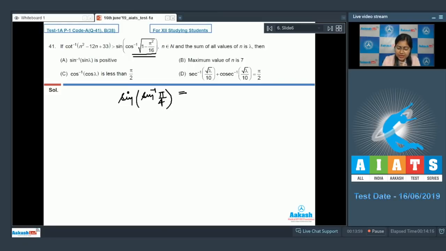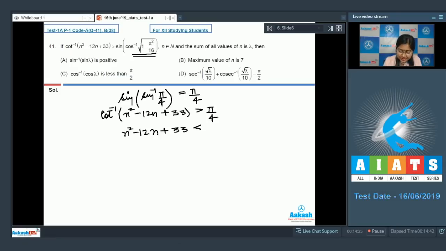So, its value is directly equal to pi by 4. So, we have over here cot inverse (n square minus 12n plus 33) is greater than pi by 4. That is, n square minus 12n plus 33 is less than cot of pi by 4, that is 1.